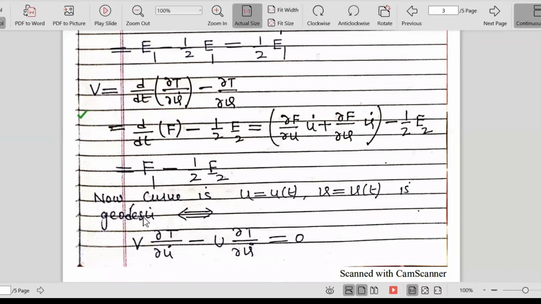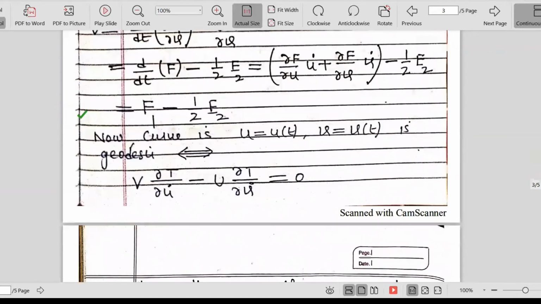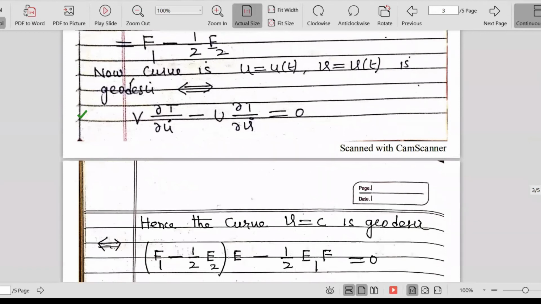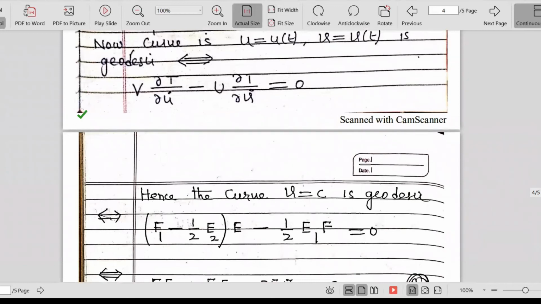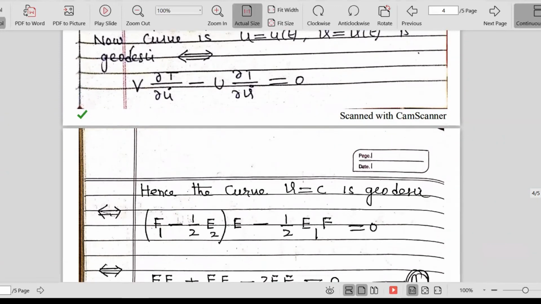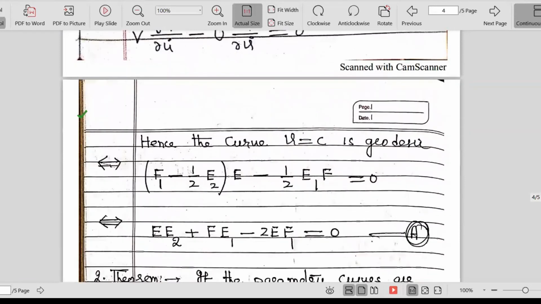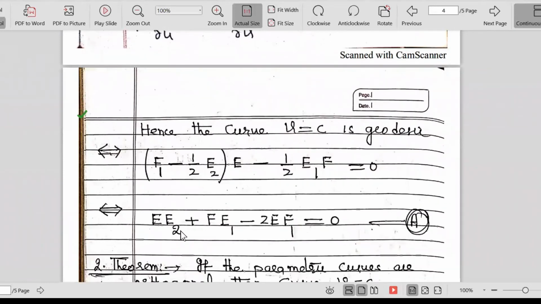Now we know that the curve is geodesic if and only if it satisfies the condition V ∂T/∂u̇ minus U ∂T/∂v̇ equal to 0. Now substitute the values of ∂T/∂u̇ and ∂T/∂v̇. Now we get this equation: E E2 plus F E1 minus 2E F1 equal to 0.